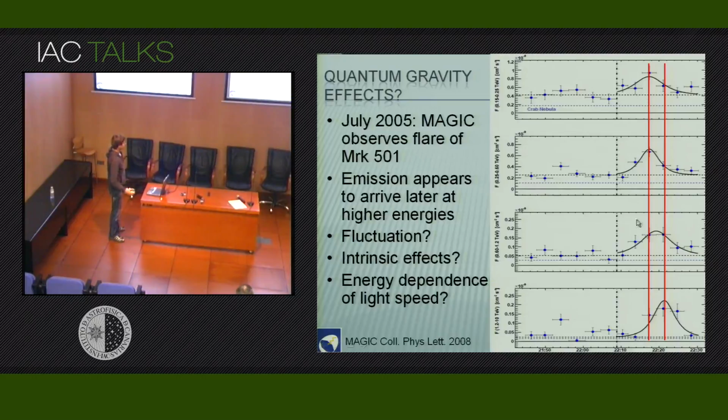So it can also be seen in such a way that these 2 minutes or whatever difference is the time that you needed to accelerate the particles, and that is actually an intrinsic effect. So personally, I actually favor the intrinsic effect because it would tell us a lot about the source. It would tell us a lot about what is happening there. But also one has to be careful because in principle it's not so statistically significant.